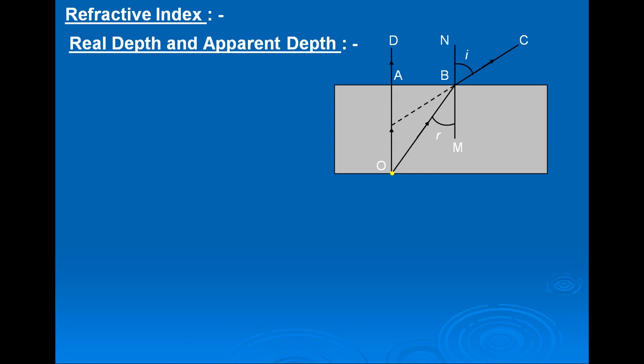Now, both refracted rays of light appear to be coming from point I, so I becomes the virtual image of point O. That is, when we see from above, we see the point O at point I. Now, this is the real depth of the denser medium, D0, and this AI is the apparent depth which we observe from this upper point.